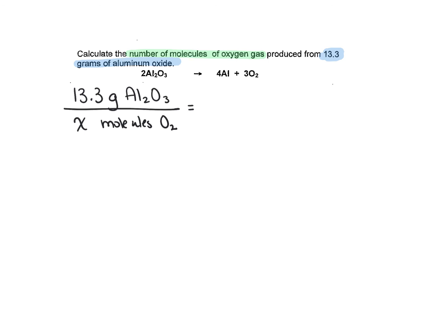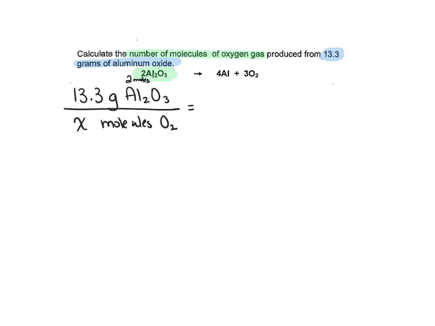So now let's see what the equation tells us in terms of grams and molecules. Well, I want to know about grams of aluminum oxide, which is going to be this material here. According to my equation, it tells me that I need 2 moles of aluminum oxide.